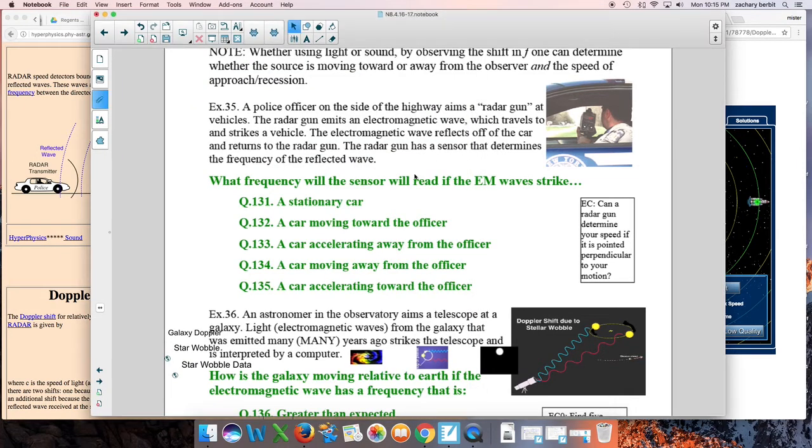Okay, so let's go check this out over here. What frequency will the sensor read if the electromagnetic waves strike a stationary car?